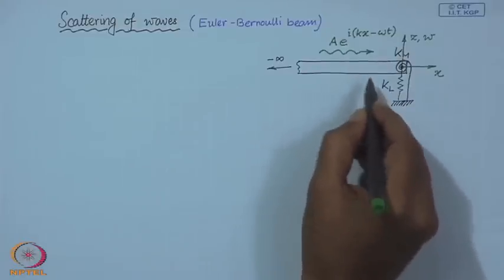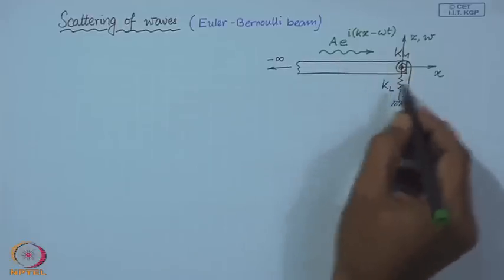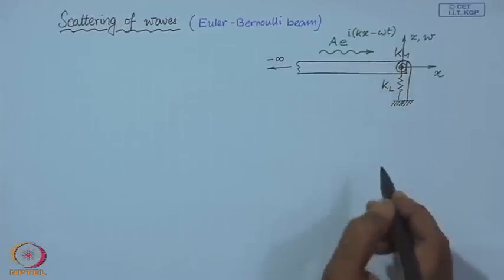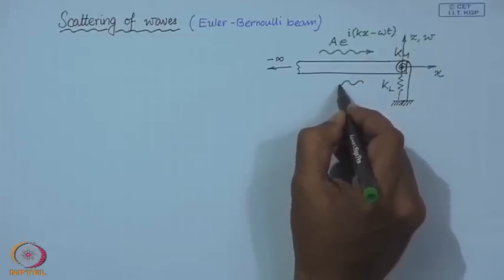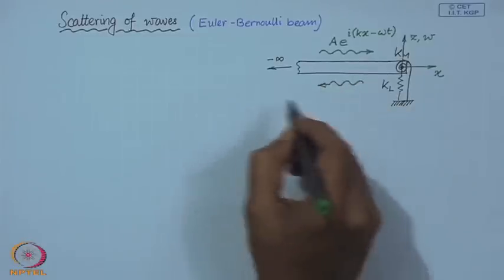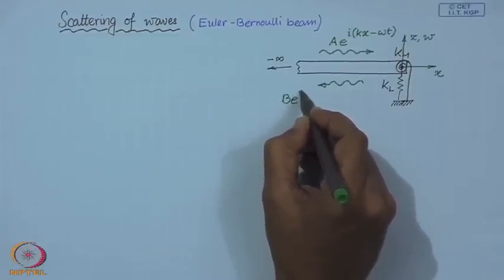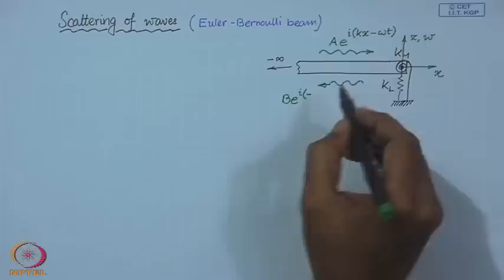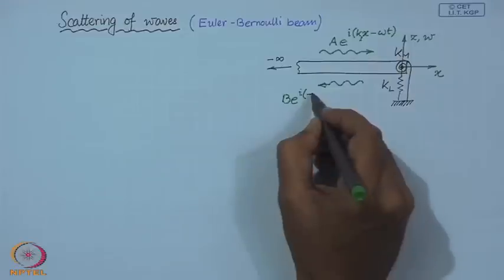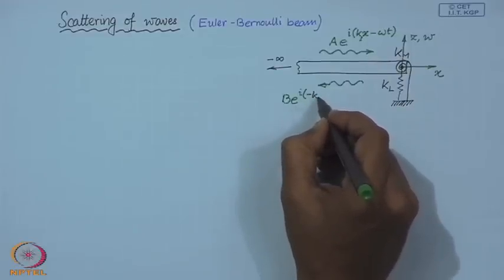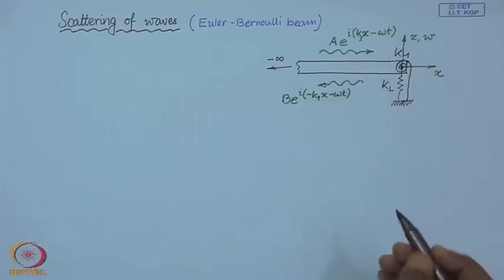When this is incident on this boundary which has these stiffness elements, there will be a reflected harmonic wave, which we represent as this.